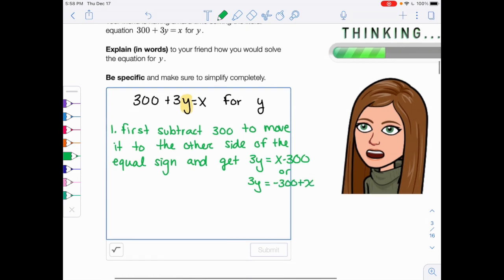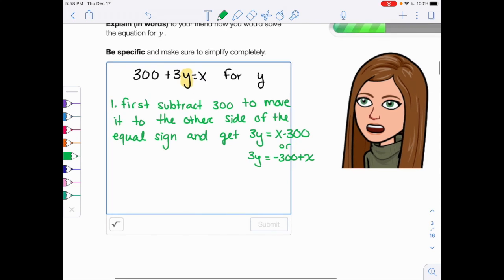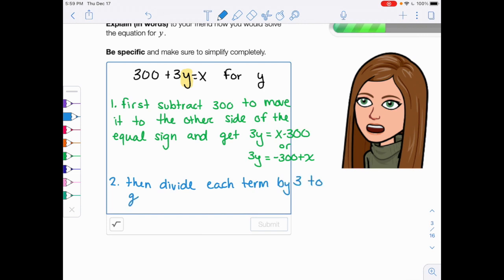Either is fine. I like x minus 300. The second step would be then divide each term by 3 to get y by itself.